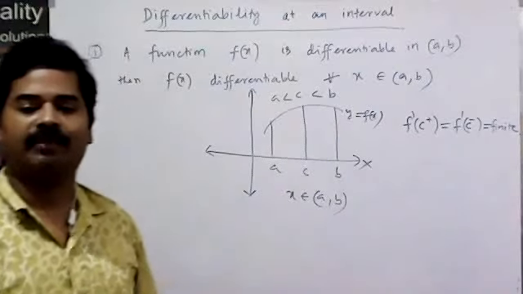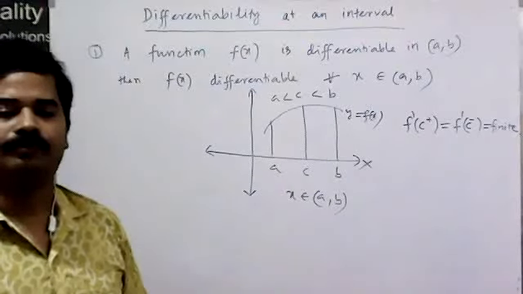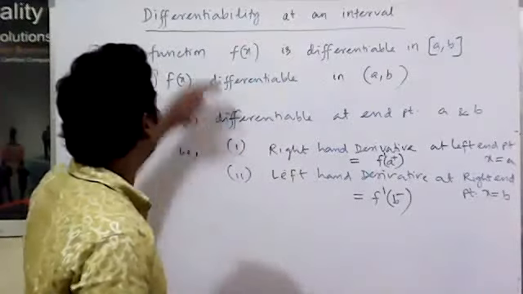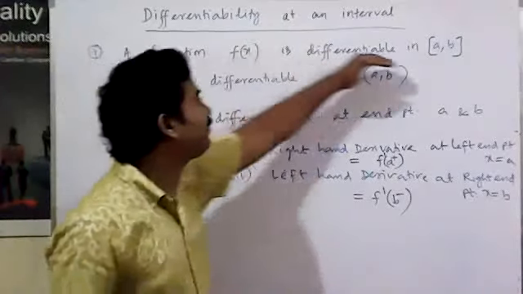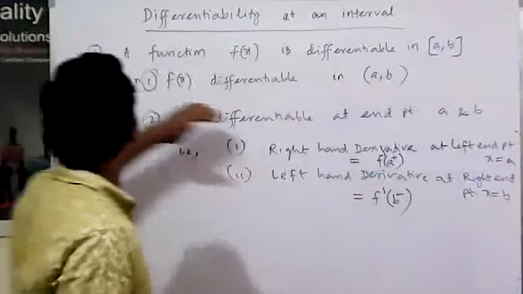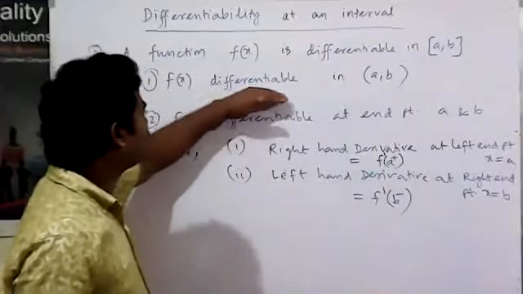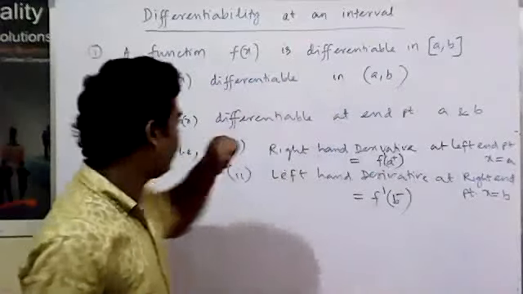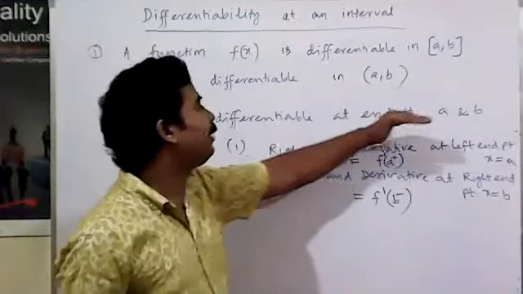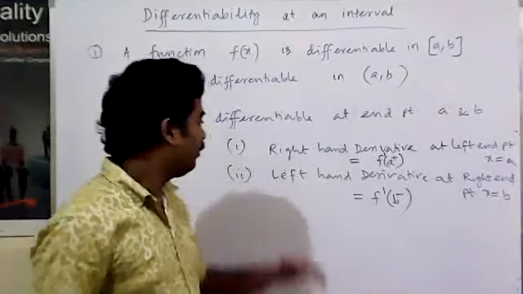If a closed interval is given, then what will we do? Here, a closed interval is given. If a function f(x) is differentiable in a closed interval [a, b], then f(x) must be differentiable in the open interval (a, b), and f(x) is differentiable at the end points a and b.